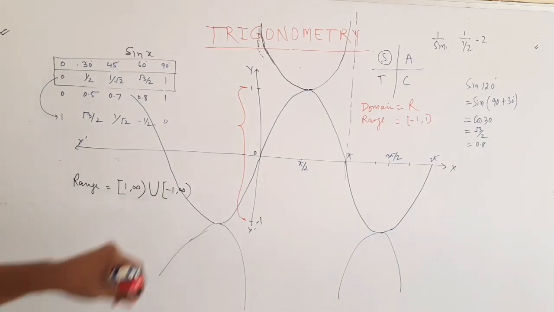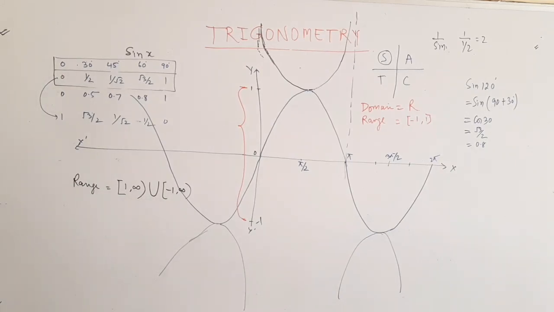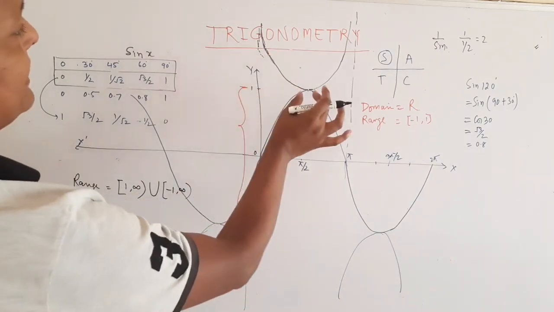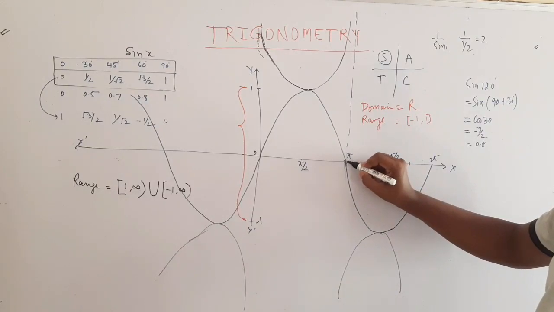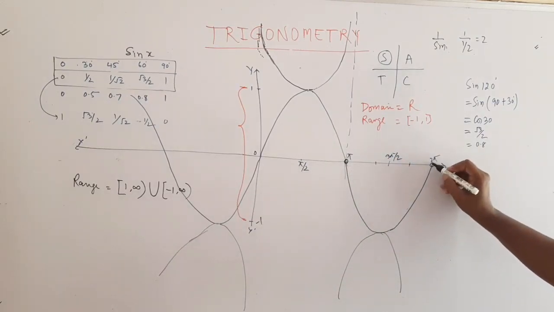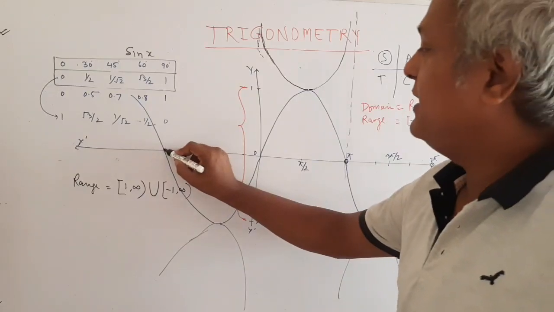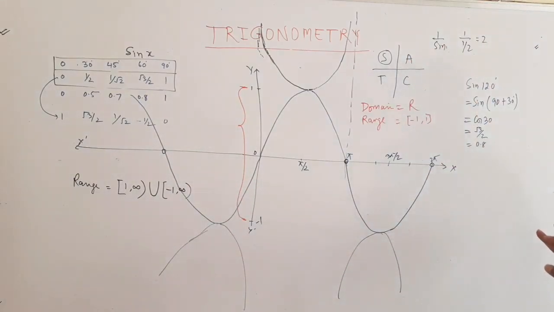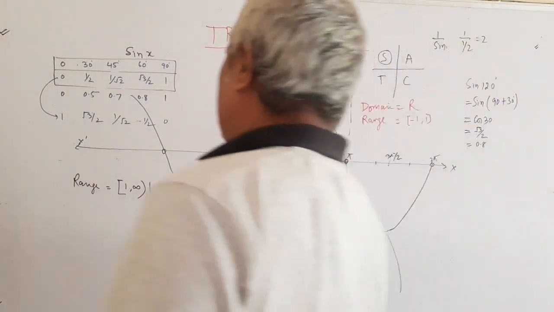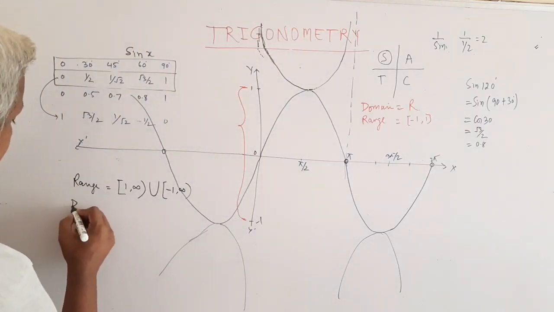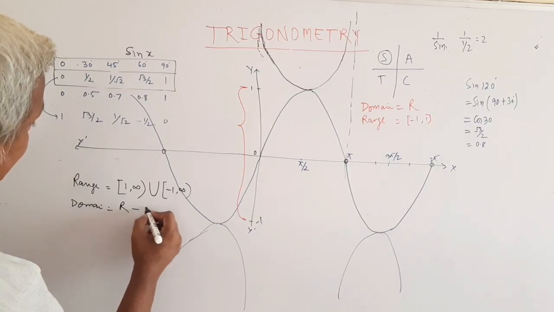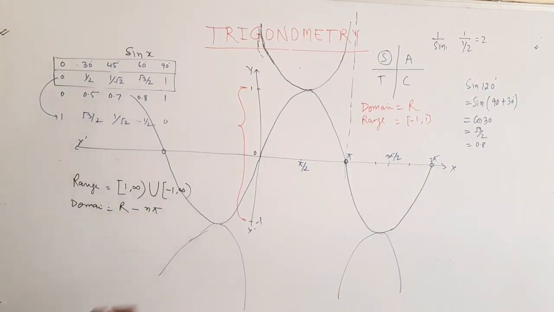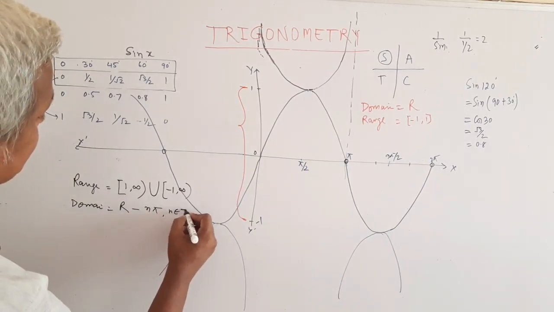This is the range. And the domain: wherever this graph becomes parallel, wherever sine was 0, that should not be part of the domain. So pi, 2 pi, minus pi, all these are omitted. The domain of the cosec function will be the whole real line minus n pi, where n is an integer.